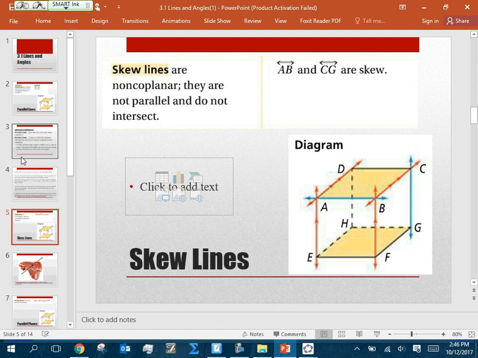It's really easy to glaze over that negation, that non. So make sure when you're reading questions, you're being deliberate and slowing down to interpret it the way it's phrased. Skew lines and parallel lines have very similar definitions, but there's that difference between coplanar and non-coplanar.